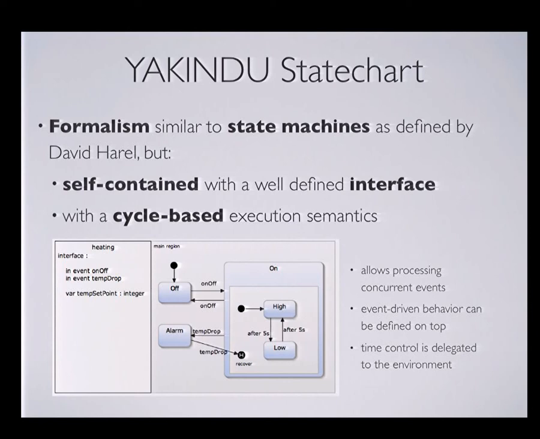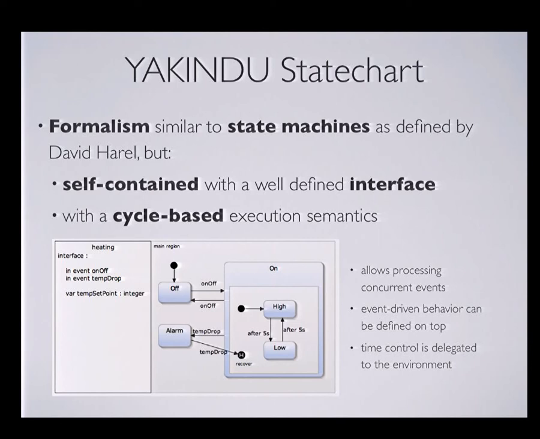It is specified textually via a textual specification language, and it is meant to define the interfaces the Statechart shares with its environment. So that makes our Statechart self-contained, in contrast to, for instance, state machines in the UML, which depend on some underlying structural formalism. Here it's not the case.